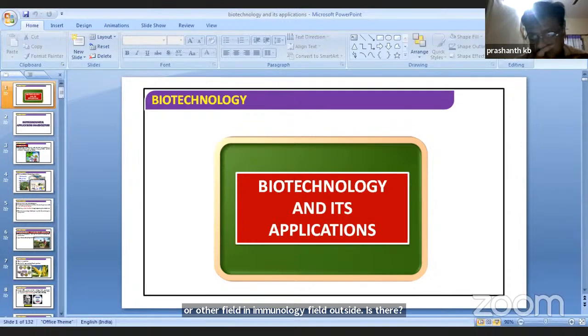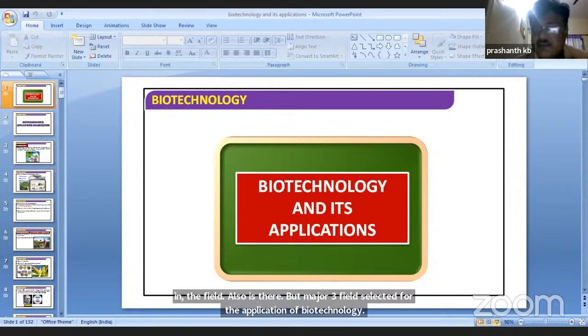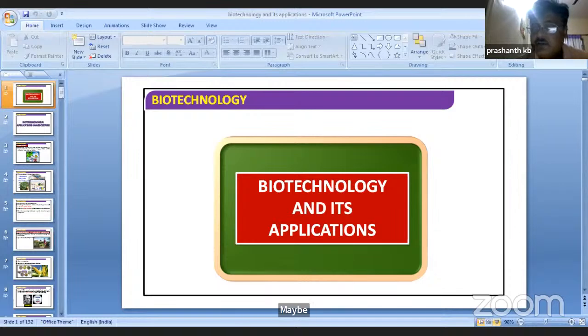But the major three fields selected for the application of biotechnology are medicinal, diagnostic, and genetically modified crops. And in food industries, which comes under agriculture only.